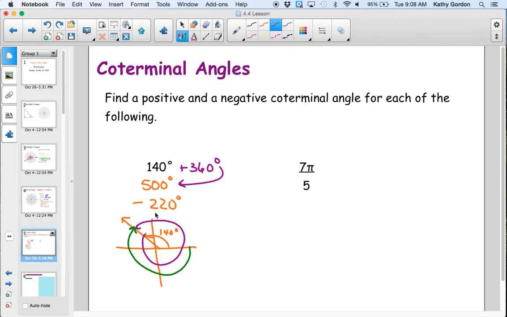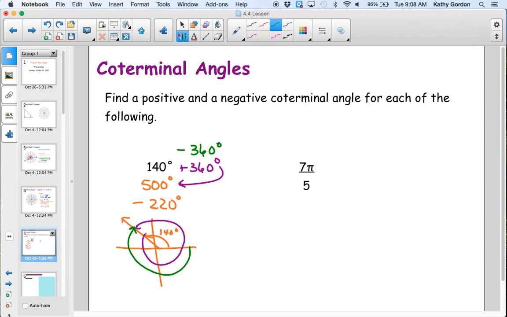But if you set it up as negative 360, taking your 140 and subtracting 360 from it, then you get the negative as part of your answer, and that's what you wanted, was a negative answer. So the 140 minus 360 gives us the negative 220, the 140 plus 360 gives us the 500. Make sense? Okay, how about our 7 pi over 5?